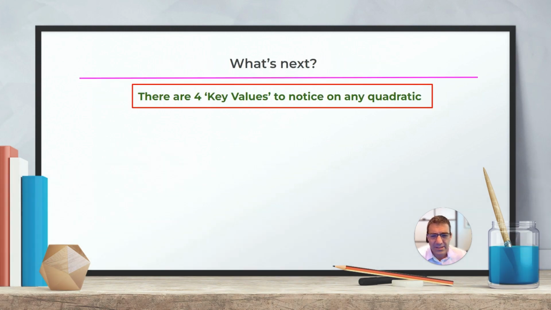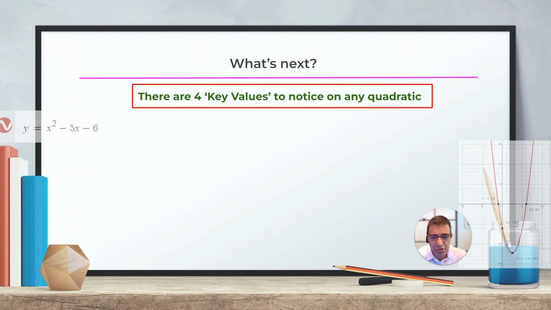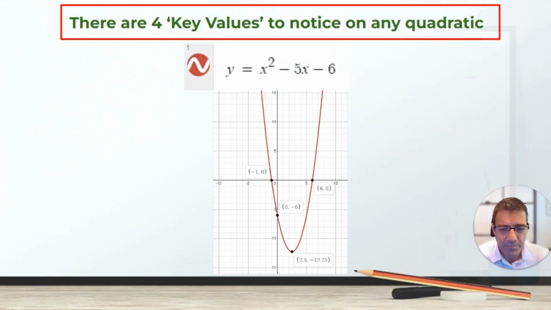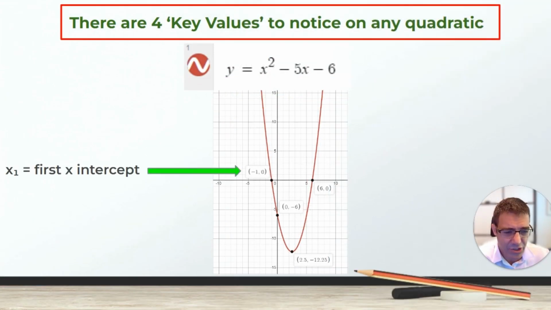Okay, what's next? Well, there are 4 key values to notice on any quadratic. So here's a quadratic, y equals x squared minus 5x minus 6, and you'll notice that there are 4 points outlined here. The first point on the left, which is the intersection of the red curve and the x-axis, is what we call the x-intercept. And this is a pretty big deal.